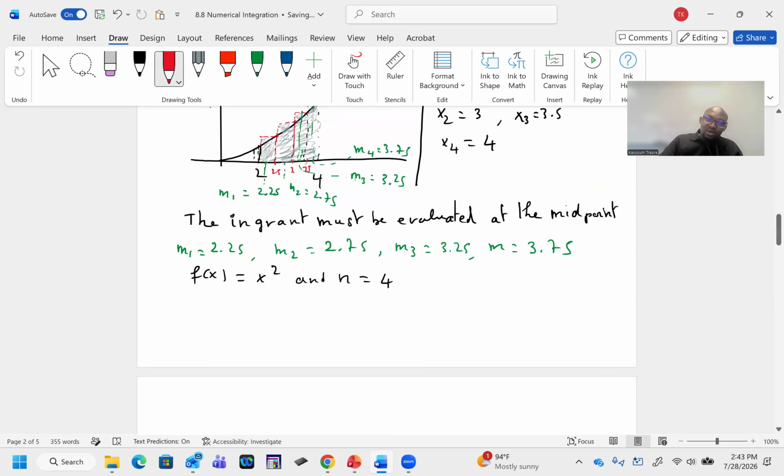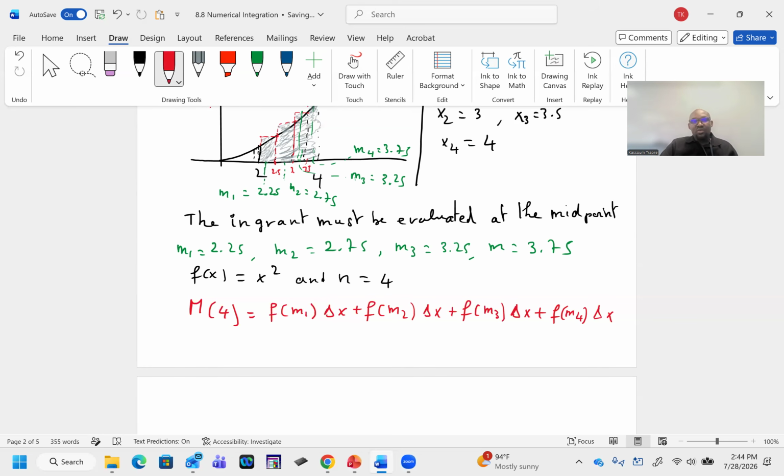So using the midpoint, M of 4 will be equal to f of M1 times delta x plus f of M2 times delta x plus f of M3 times delta x plus f of M4 times delta x. So we need to substitute M1, which is 2.25.